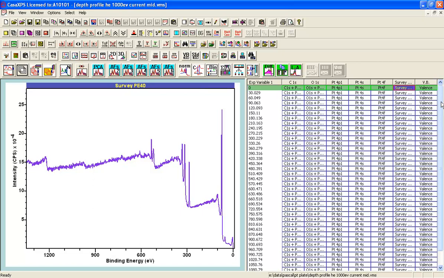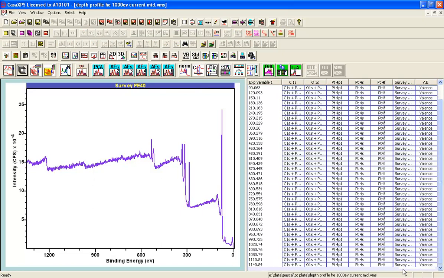And we can see that this is very different from the surface after sputtering for over 1,000 seconds with this helium ion gun.